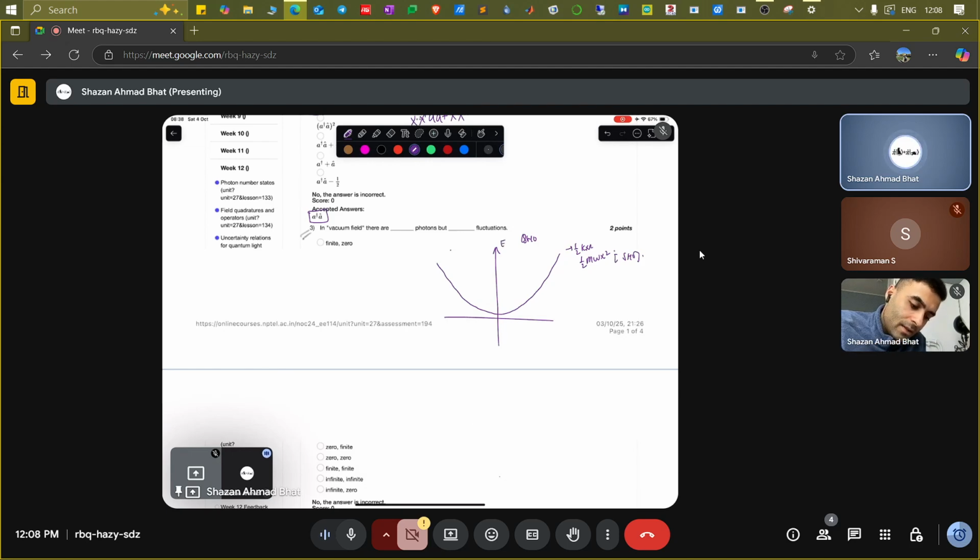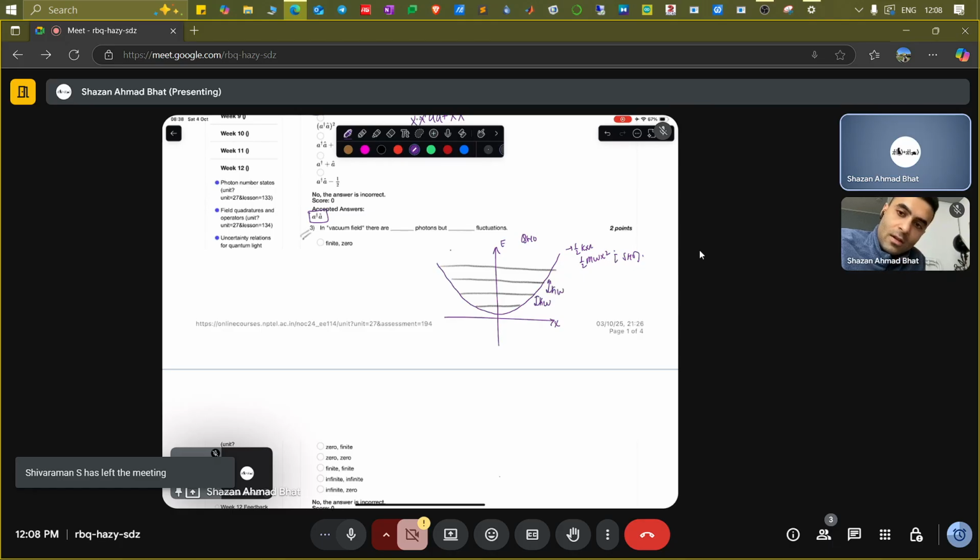When you go to the quantum harmonic oscillator, you have discretized energy levels, just like I talked about in the previous slides, and the spacing is h bar omega.